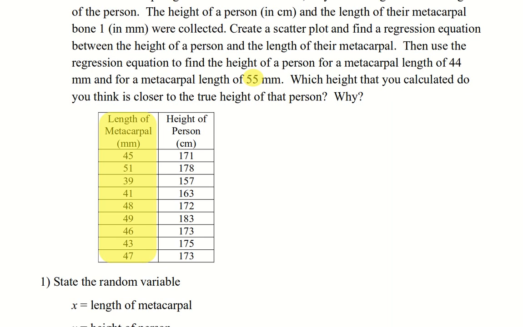So when it asks us which one we think is closer to the true height of that person, we'd have to say that the one that we found through interpolation is the better of the two. So we would guess that the estimate that we made for the 44 millimeter long metacarpal is the better of the two, closer to the true height.